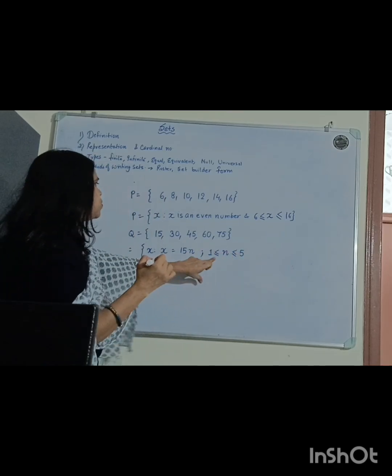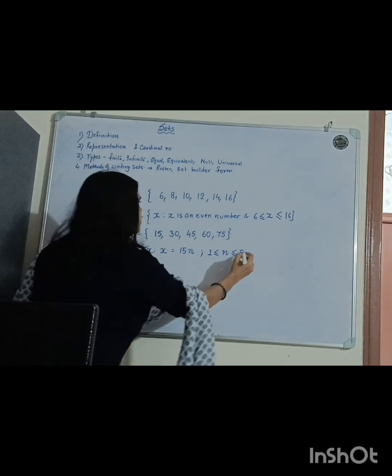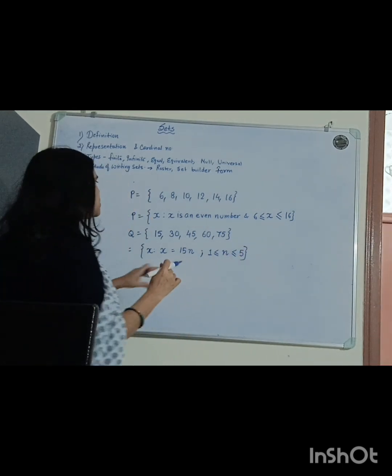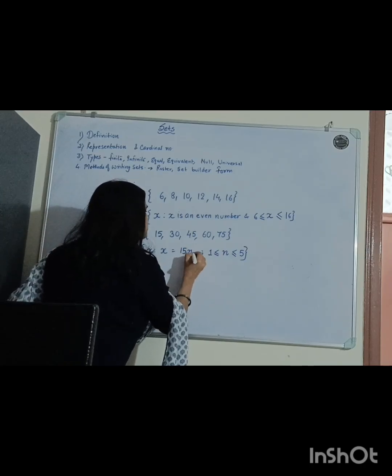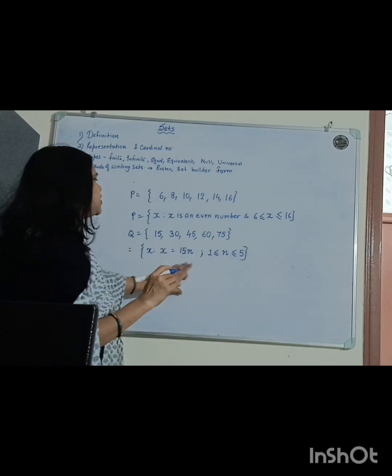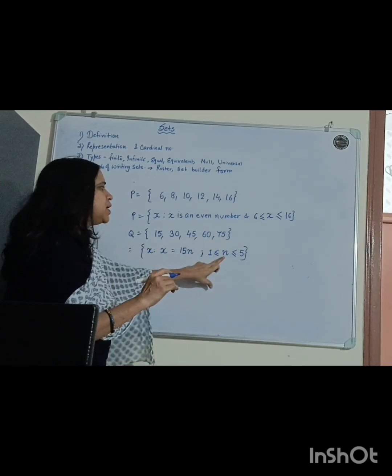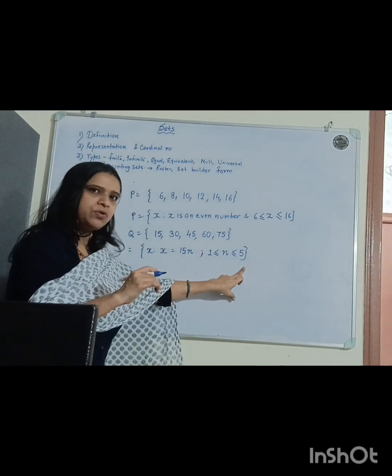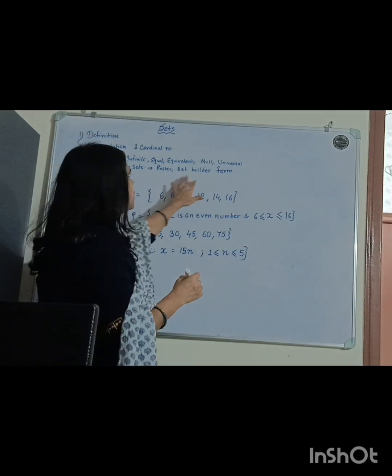So 15 into 1, 15 into 2, up to 15 into 5. In this way we can write. We can also use natural numbers, as you wish, but I am using this small n only. So 15 is the characteristic of the set and n lies from 1 to 5. In this way we are writing sets in set builder form.